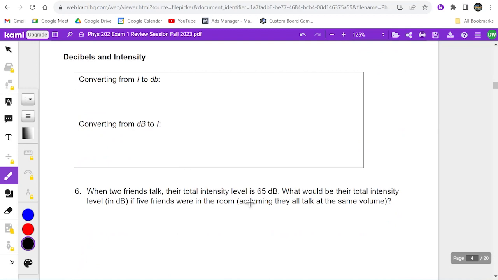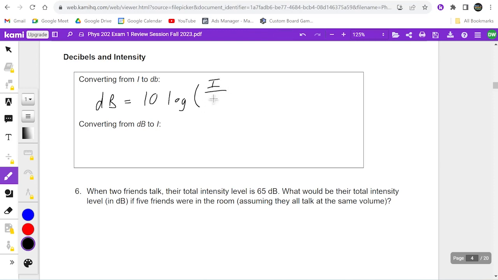Decibels and intensity. So first, I need to give you the equations for converting between the two. If I give you I and you need to go to dB, decibels, then decibels is equal to 10 times the log. And remember, if I say log, that's log base 10, or honestly just the log button on your calculator, not natural log.